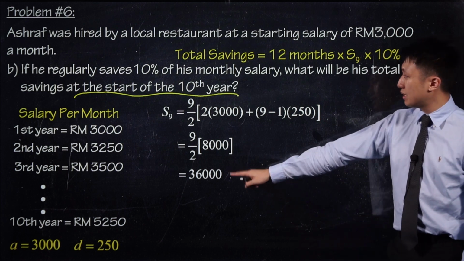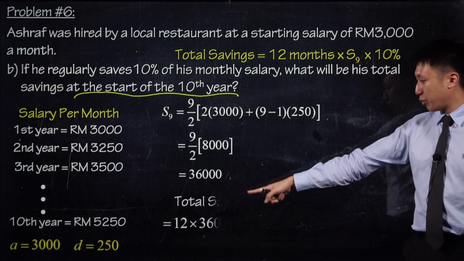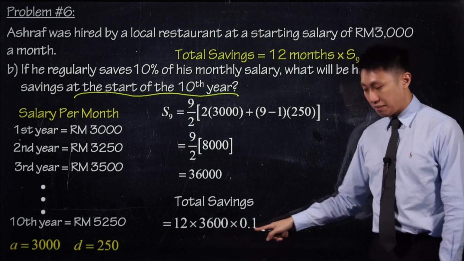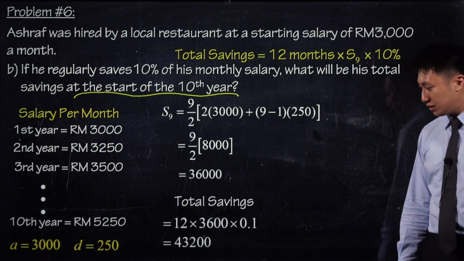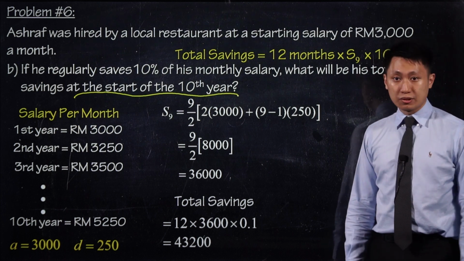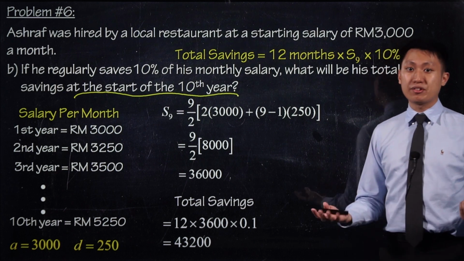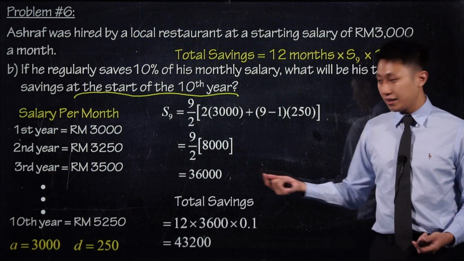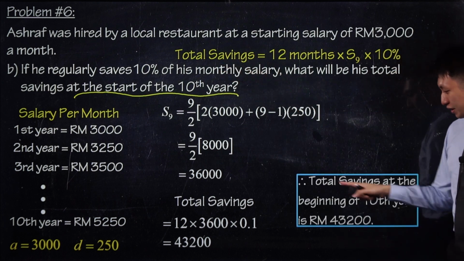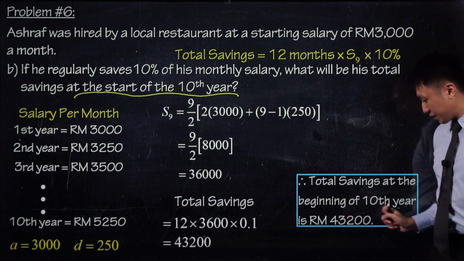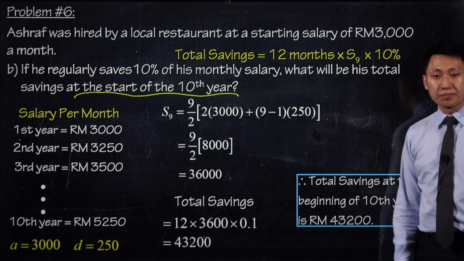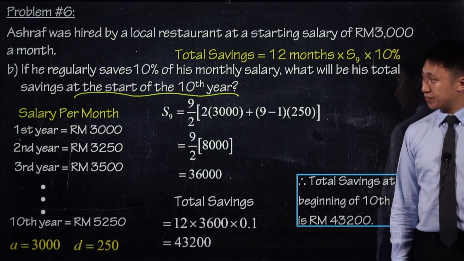We substitute this into the formula, and the total saving is 12 times 3,600 times 0.1, which gives us 43,200. This one is a bit tricky, but you can do it if you understand the problem. So the total savings at the beginning of the 10th year is RM 43,200. No problem. Good.